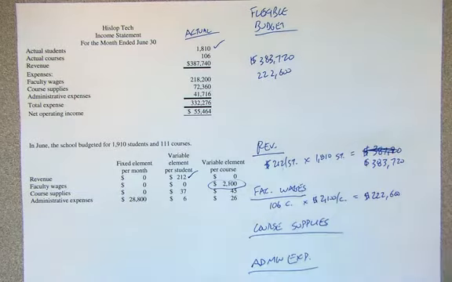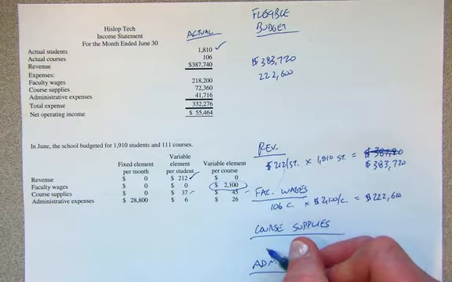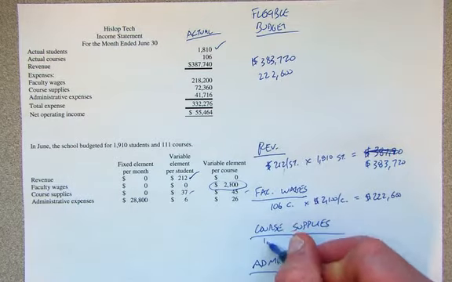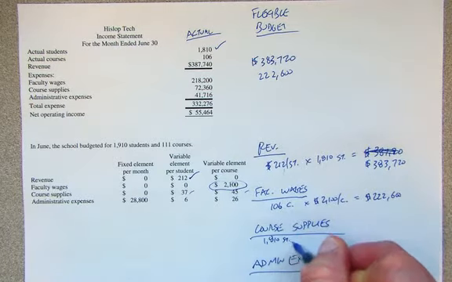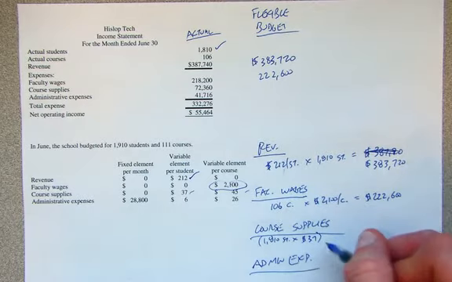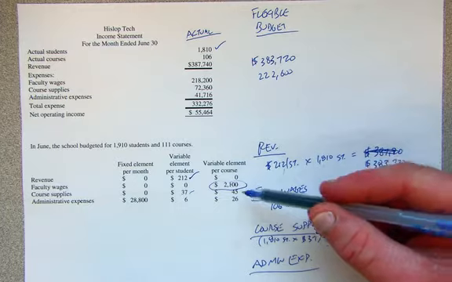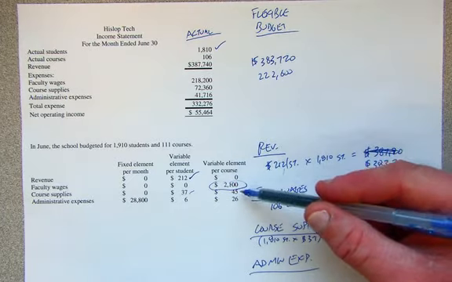All right, course supplies, two components. $37 per student, so 1,810 students times 37. Maybe I'll put some brackets there just to highlight that. And $45 per course offered.